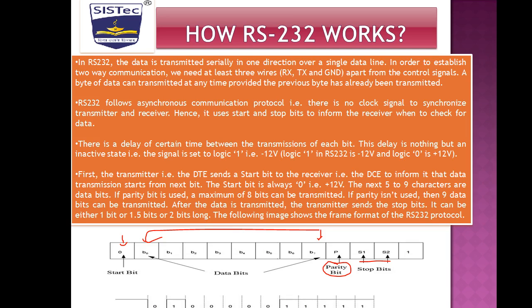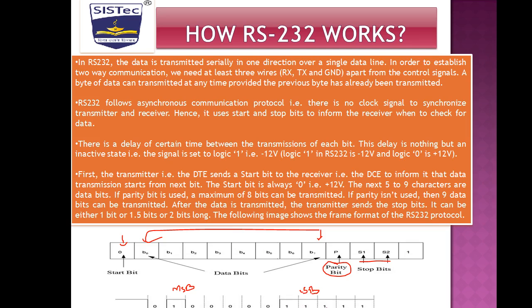The parity bit 1 identifies that the number of ones in our main data stream is odd. Here we have the MSB of our main data and the LSB of our main data. The number of ones is equal to 3, which is odd.